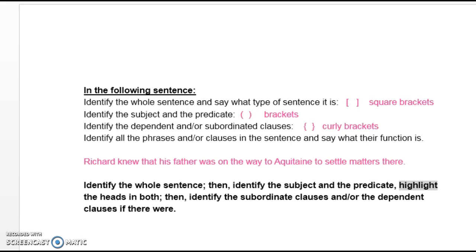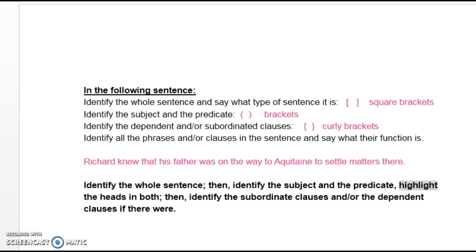The next part is identify the dependent and or subordinated clauses. And for this, we are going to use what is called in English curly brackets, and in Spanish they are called llaves. Next, you have to identify all the phrases and or clauses in the sentence and say what their function is.